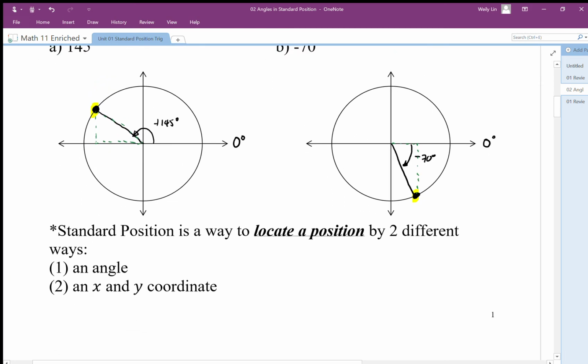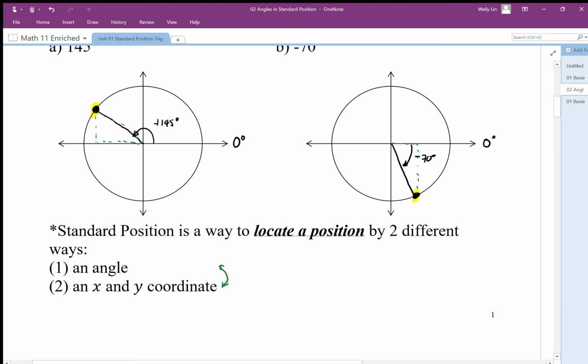So standard position gives us two different ways to locate the position. We can locate the spot, that yellow dot, with an angle, or alternatively with an x and y coordinate. And between the two, we can translate, between angle and xy coordinate, just like we translated between ratio and angle.